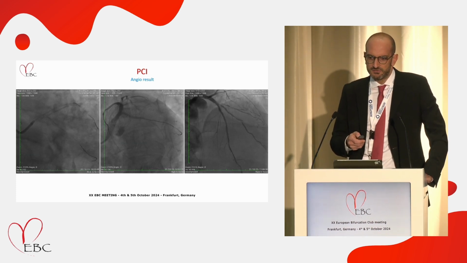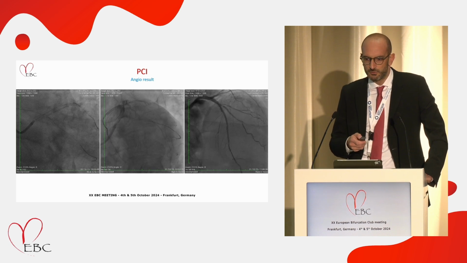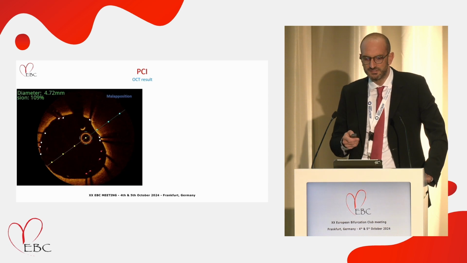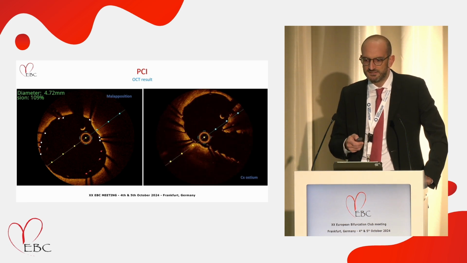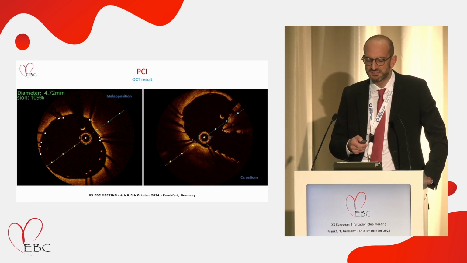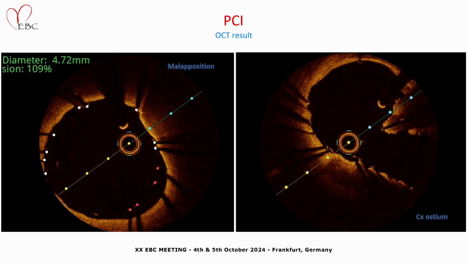And as you can see from the third video, we also perform OCT to check the expansion. I have only the still frames because we were quite satisfied with the expansion and the sizing of the stent in the body of the left main. There was some mild malapposition, but the other detail is the still frame of the CX ostium that is quite good, but as you can see, there is some protruding calcific mass in the ostium of the circumflex.